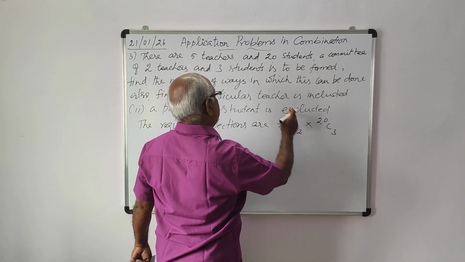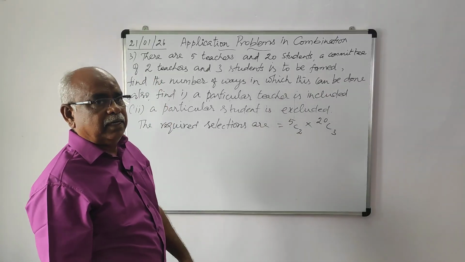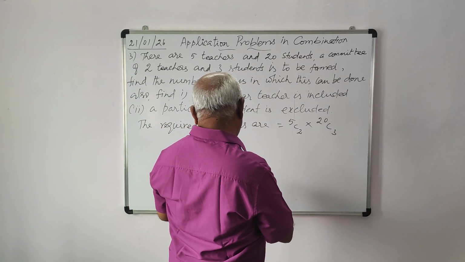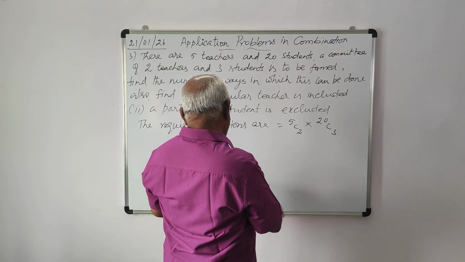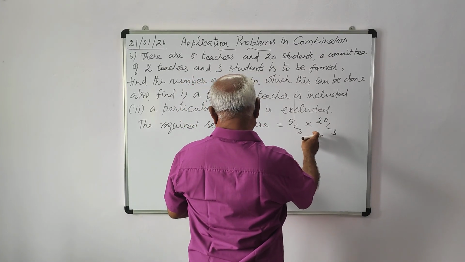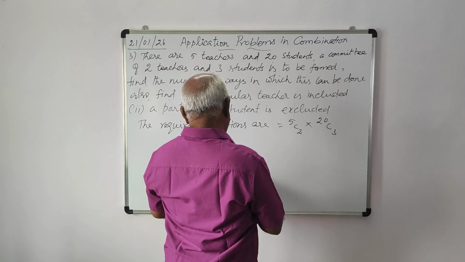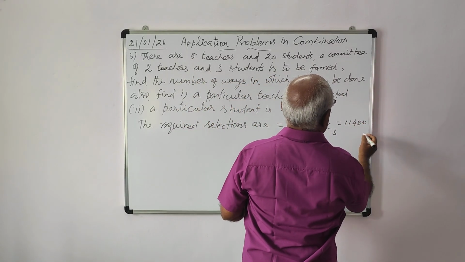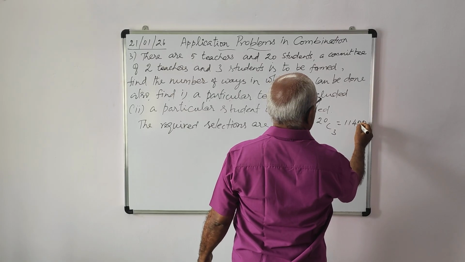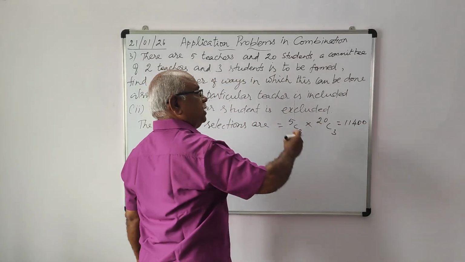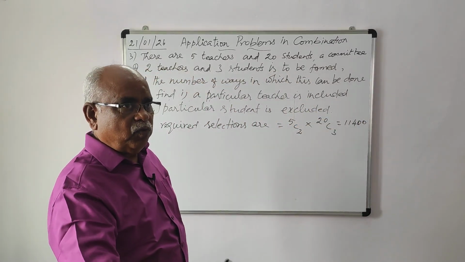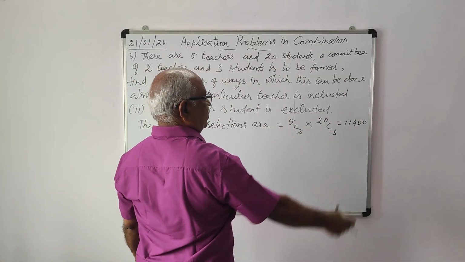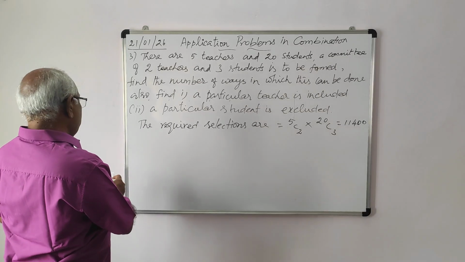This is the general way, the first selection. So 5C2 is 10, and 20C3 is 20 into 19 into 18 by 3 factorial, 1 2 3. Multiplying these two, you will get 11,400.